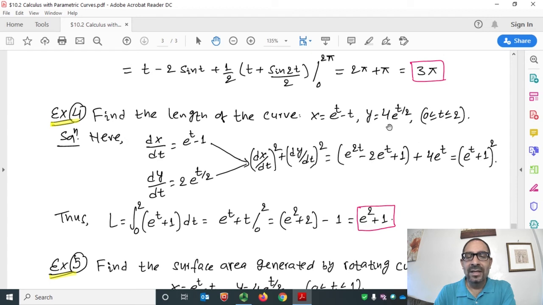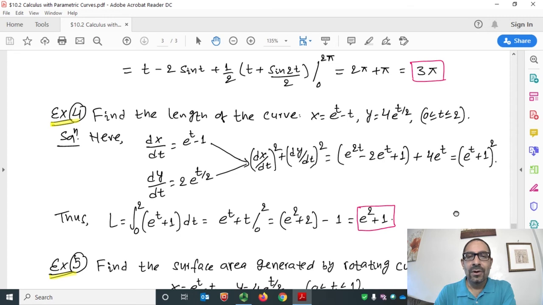So that 2 cancels 4, and we have 2 times e to the power t over 2. Then square and add these two equations. It turns out to be (dx/dt)^2 plus (dy/dt)^2, which turns out to be (e^t plus 1)^2.